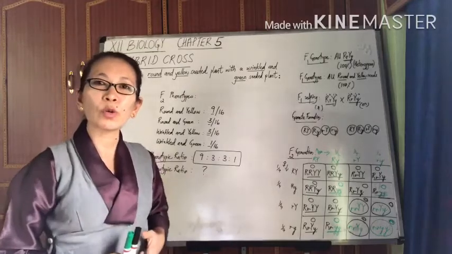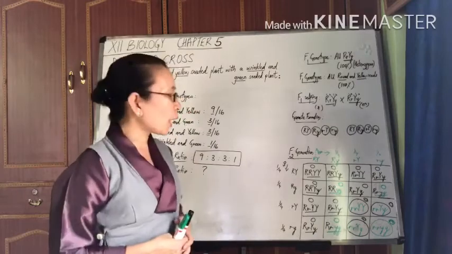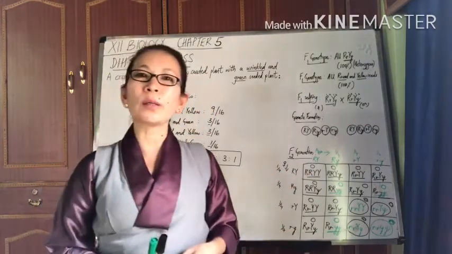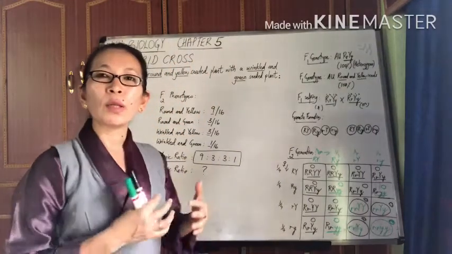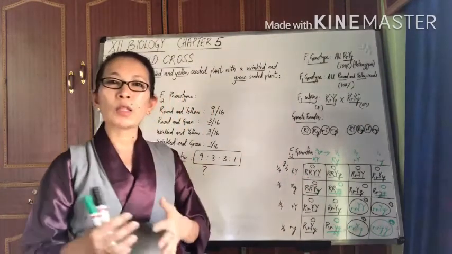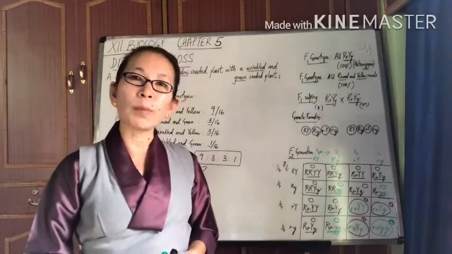He observed from his counting that the number of round seeds to the number of wrinkled seeds was in the ratio 3:1. So 3/4 of the seeds were round and 1/4 were wrinkled.